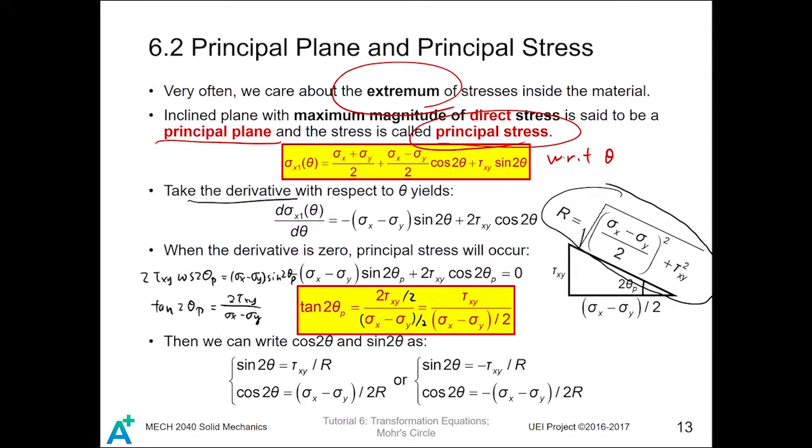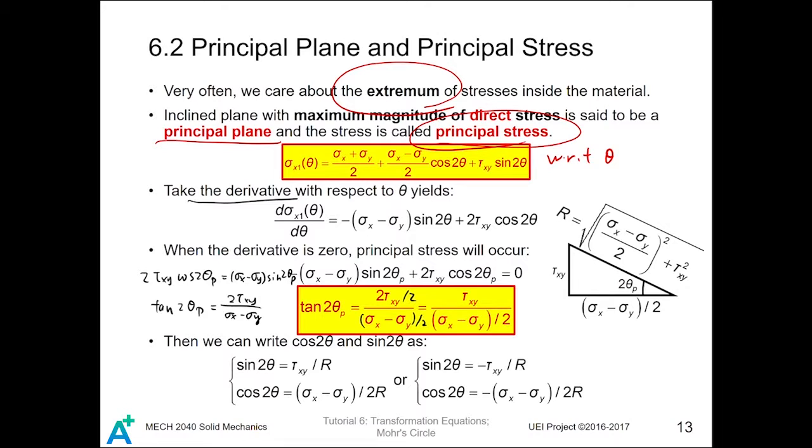The reason why we name it R will be discussed a little bit later, but at this moment, just remember that R is a quantity which represents the hypotenuse of this right angle triangle. Next, we want to solve for the stresses. Recall that we are going to find the principal plane and the principal stress.